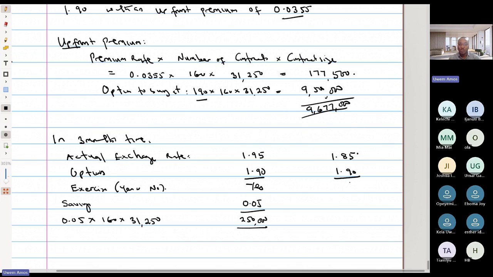Will you take the option and buy at 1.90, or you would leave the option because it's a right, you're not obligated to do it, and go to the market and buy at 1.85? Will you exercise? Yes or no? Leave the option and go to the market. Thank you. So you will not exercise the option, and that is no.